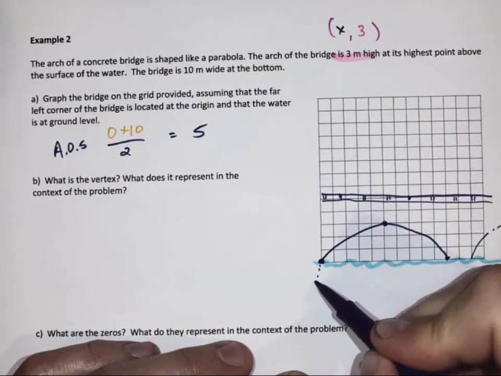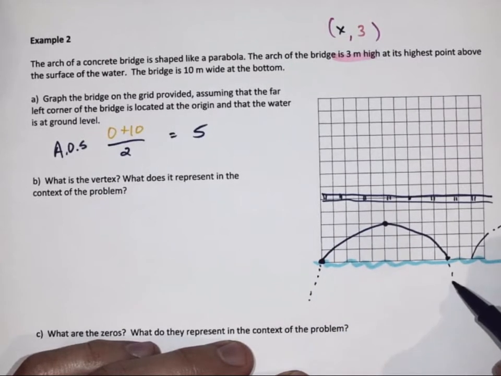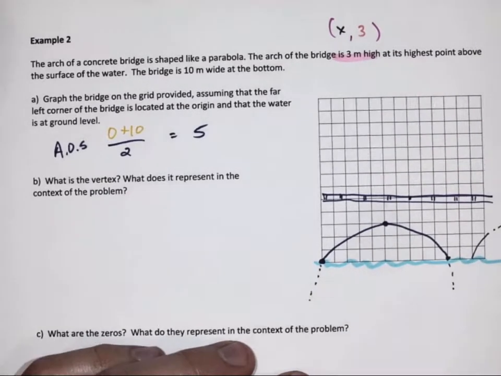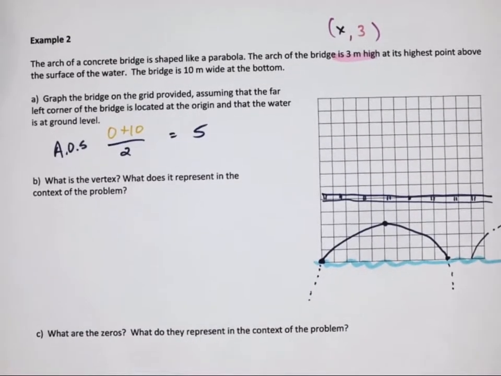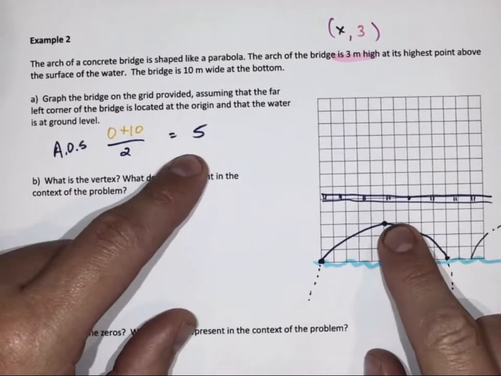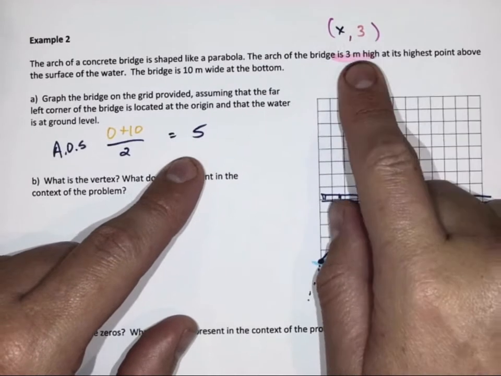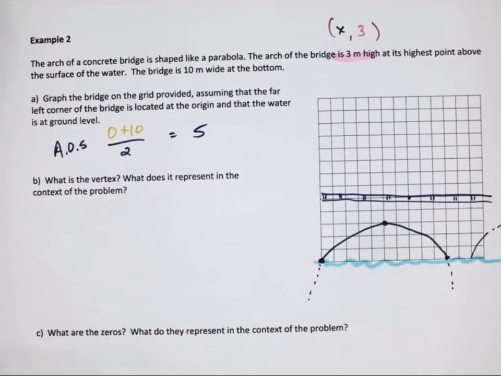I'm sure it goes down to the riverbank and actually hits the ground, and we have the water and the fishes and everything. So if we found the halfway, we found the vertex. There's its height, and there it is.